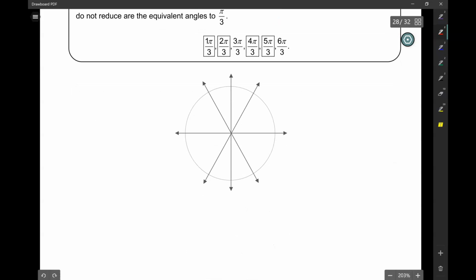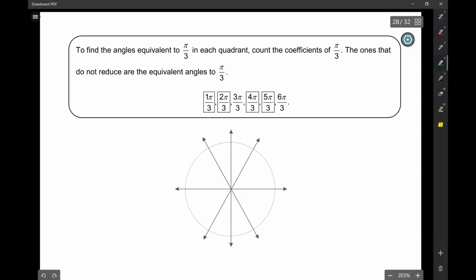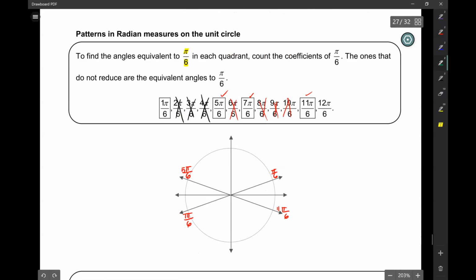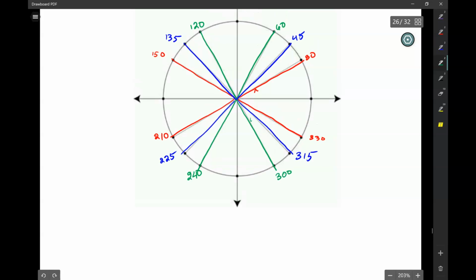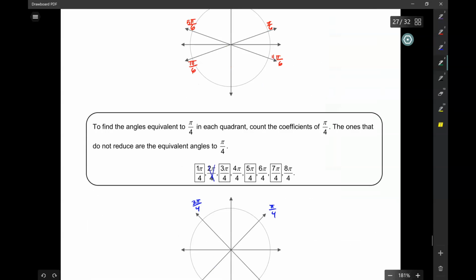So, pi over 3, right? Pi over 3, that's the 60s in here. So this is pi over 3.